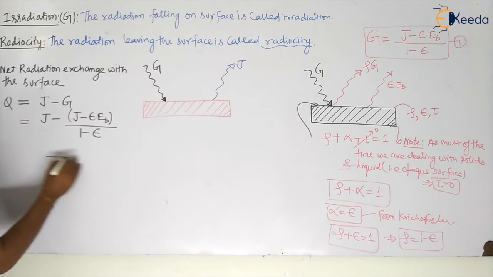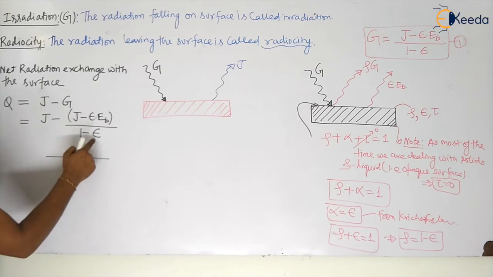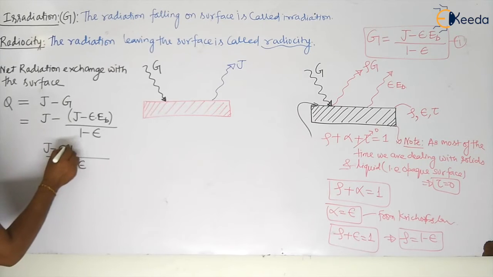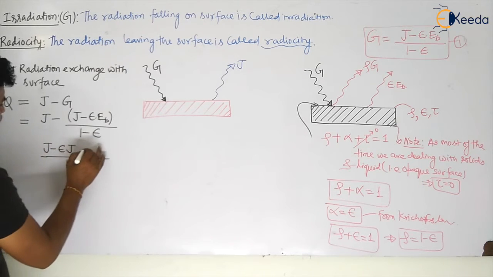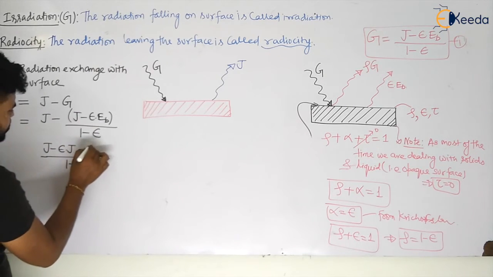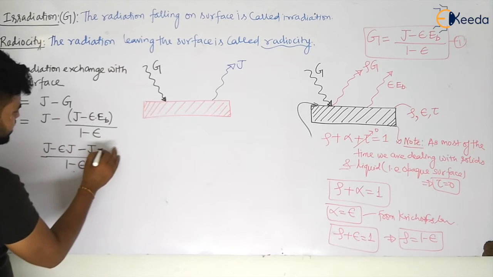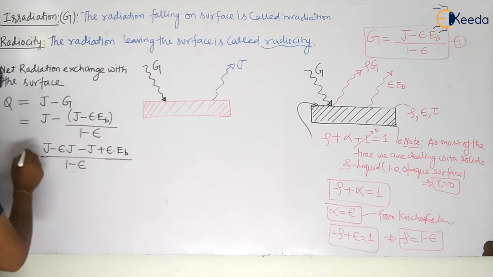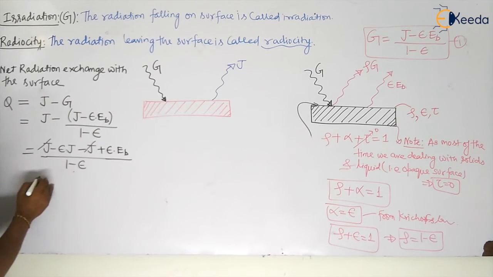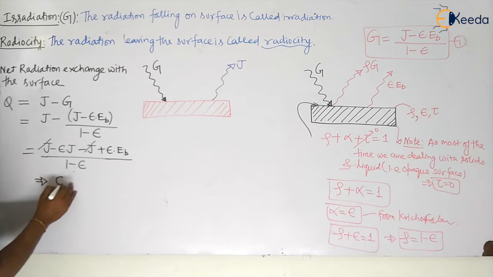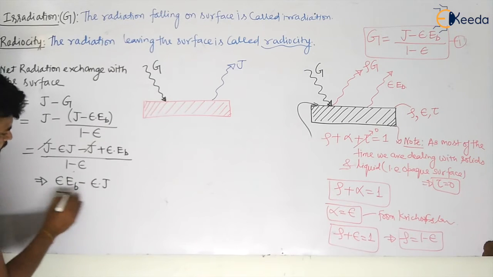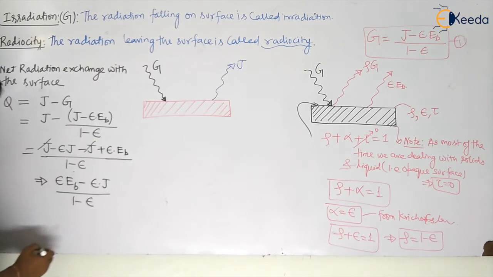So let us take the LCM of this. This will become 1 minus E. And I have to multiply this equation with this. So this will become J minus E of J. Okay. Then I have to take that minus inside. So this will become J, minus again. This will become E of EB. My dear students. So J and J will go. So I will be left with only E of EB minus E of J divided by 1 minus E, my dear students.